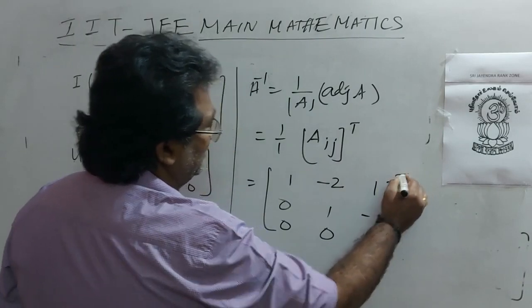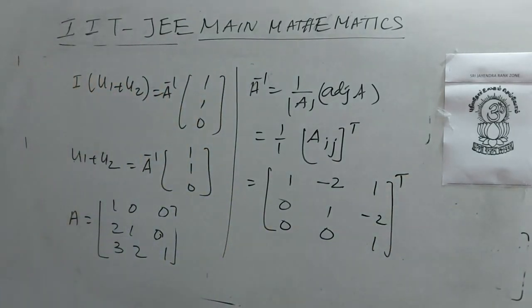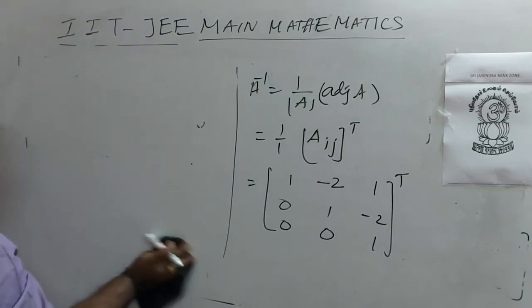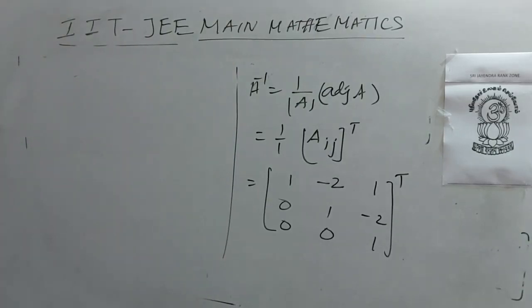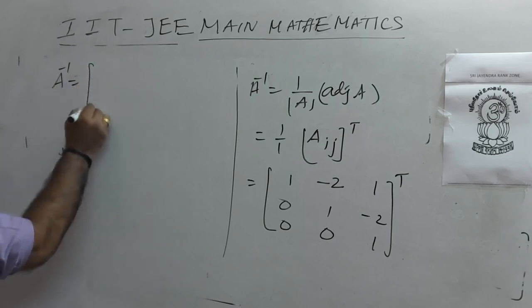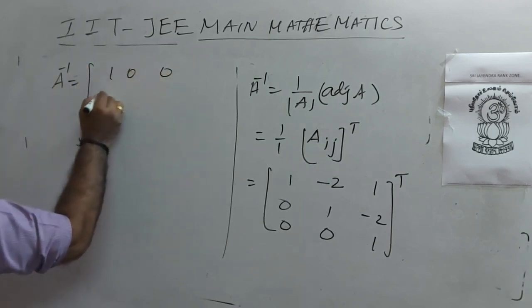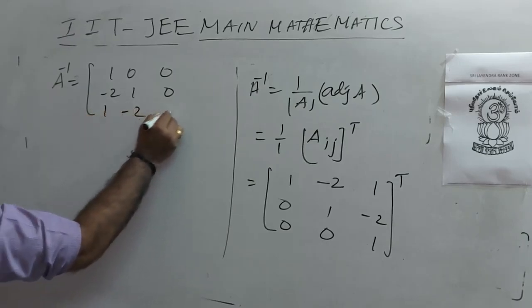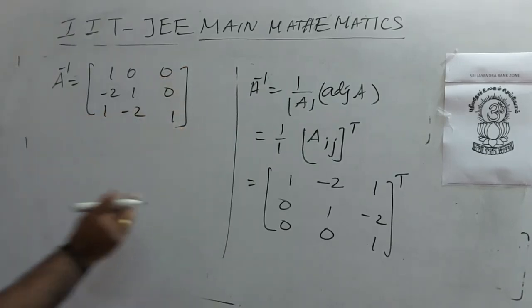You take the transpose. So A inverse equal to 1 0 0, minus 2 1 0, 1 minus 2 1. We have taken the transpose.